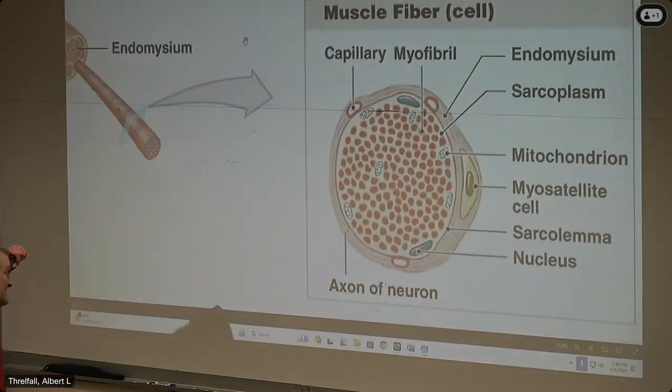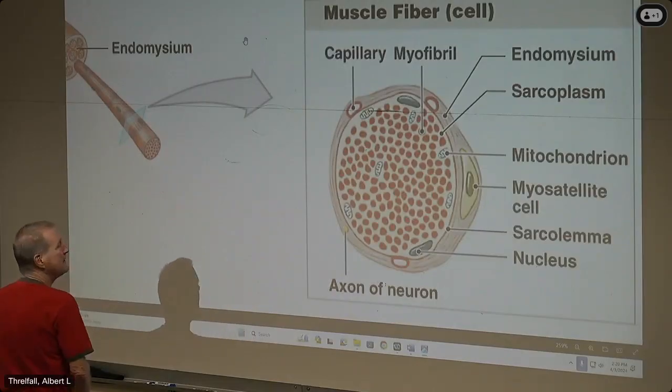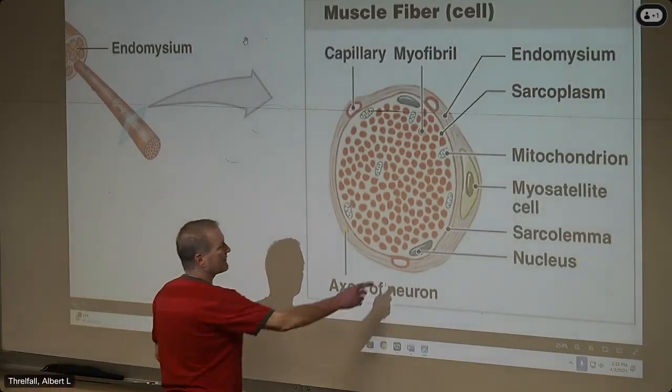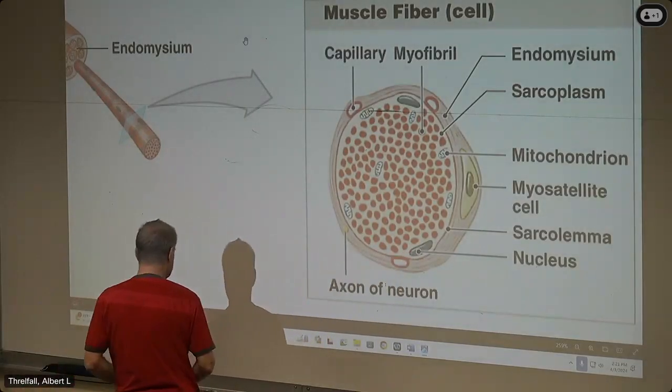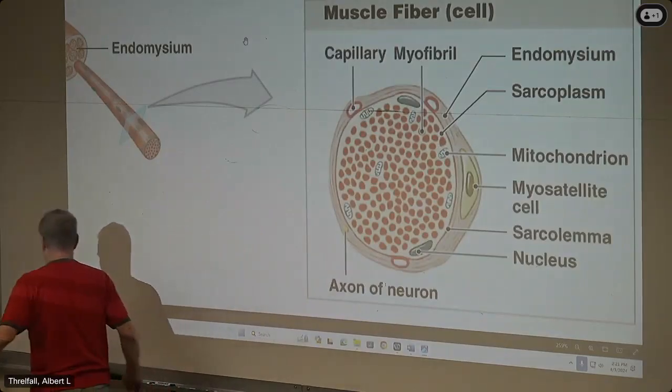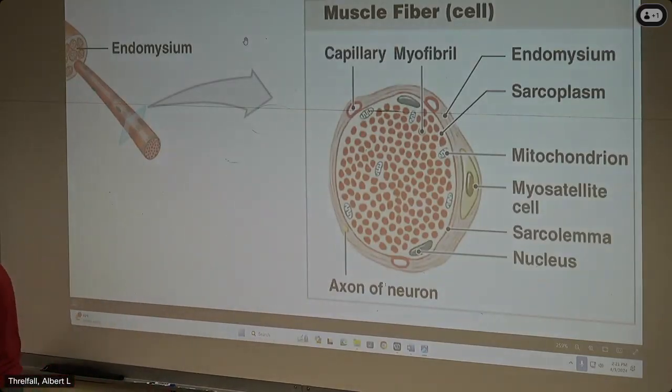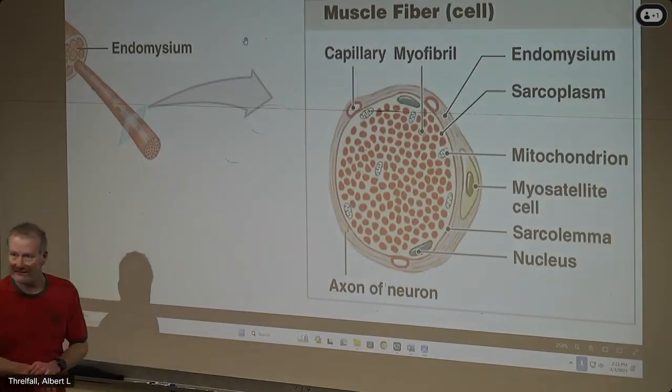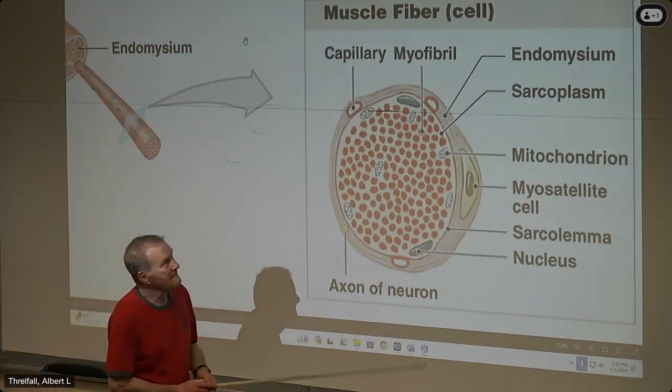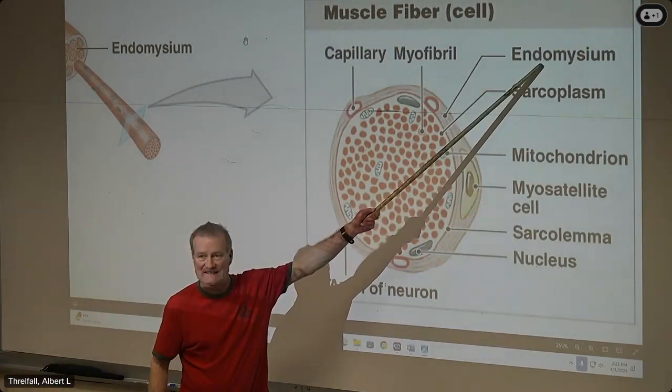So there's a single muscle cell. And again, we see the peripherally located nuclei. Muscle cells have an outer boundary called the endomysium.